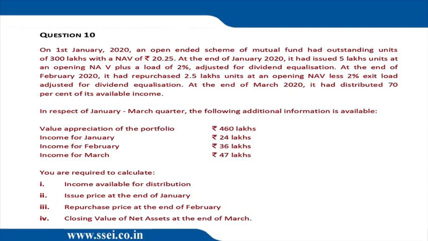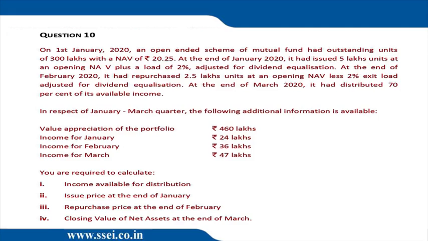Okay. At the end of Feb, it had repurchased 2.5 lakh units at opening NAV less 2% exit load adjusted for dividend equalization. Now, somebody is leaving at the end of Feb. So that person ideally should be receiving 2.5 lakh into the NAV at the end of Feb. But once again, they are saying opening NAV less 2% exit load adjusted for dividend equalization.